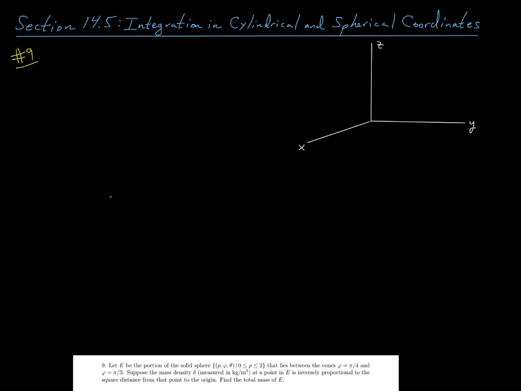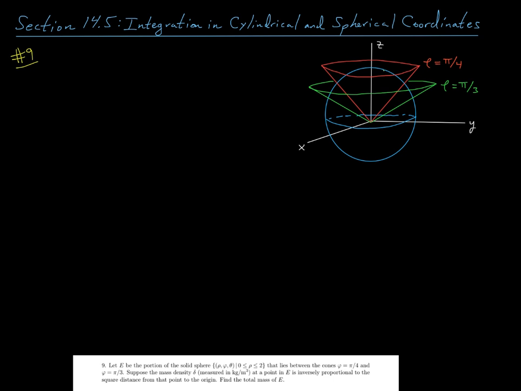All right, so first, let's just draw a picture of the region, and we'll start with the sphere. So this is just our sphere of radius 2 centered at the origin. And then we'll put in our cone. This is just the same cone from 8 part B, right? Phi equals pi over 4. And then for phi equals pi over 3, be a little careful here.